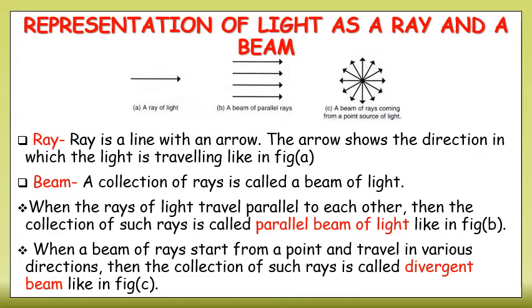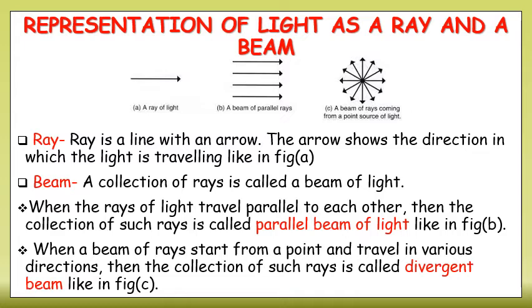You can see in figure A. Figure A represents a ray of light, and the arrow shows the direction in which the light is traveling, while a beam is a collection of rays. And when the rays of light travel parallel to each other, then the collection of such rays is called a parallel beam of light. You can see this in figure B. So these are parallel beams of light.